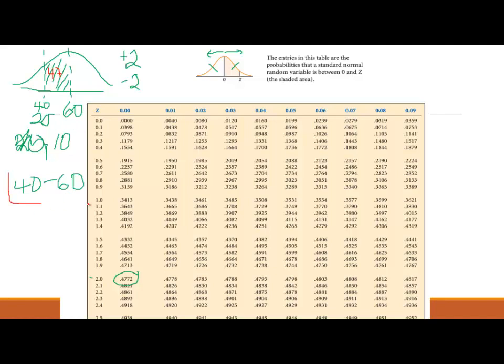And that answers the question, what percent of the people make between $40,000 and $60,000? The answer is 47%. Okay?